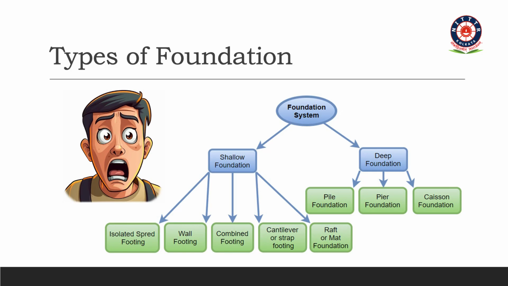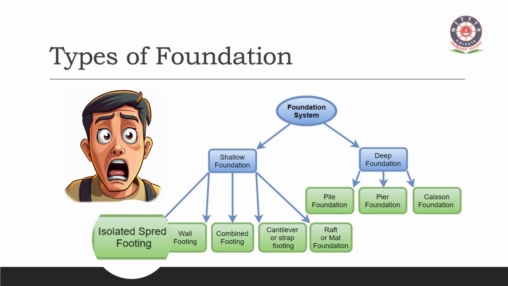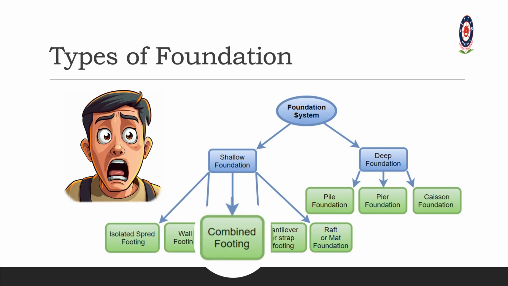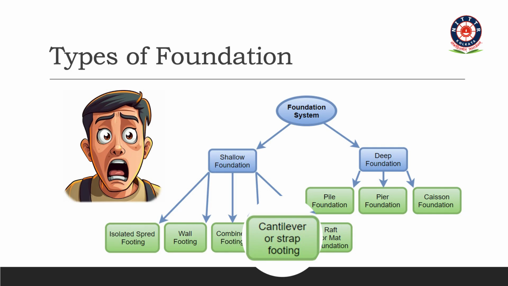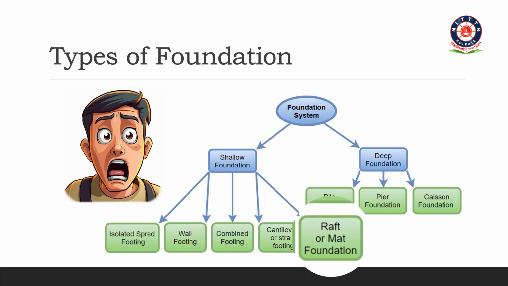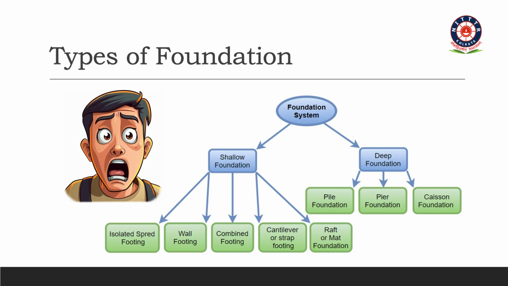Then I will be discussing the types of foundation. I already told you the foundation can be classified into two categories, shallow as well as deep. In shallow you have five types: isolated footing, wall footing, combined footing, cantilever or strap footing, and raft or mat foundation. Similarly, in deep foundation you have three classifications: pile, pier and caisson, and also sheet pile. I am not going into detail about the shallow foundation, but before going to deep foundation I will give a glimpse of shallow foundation.